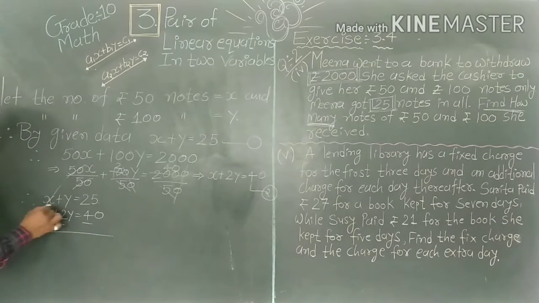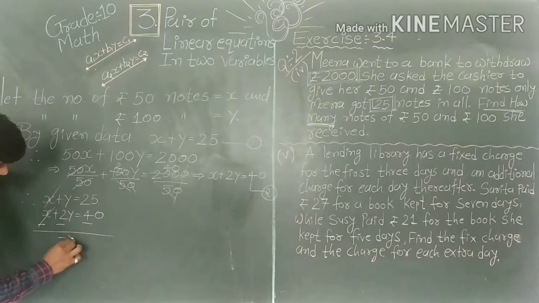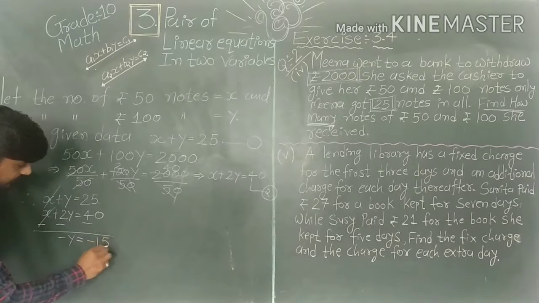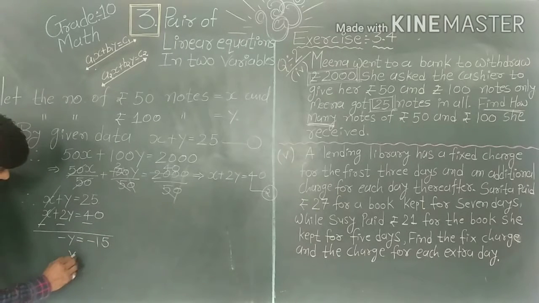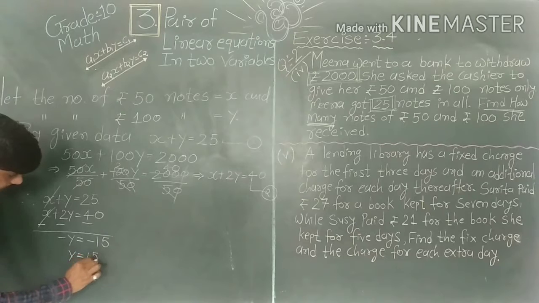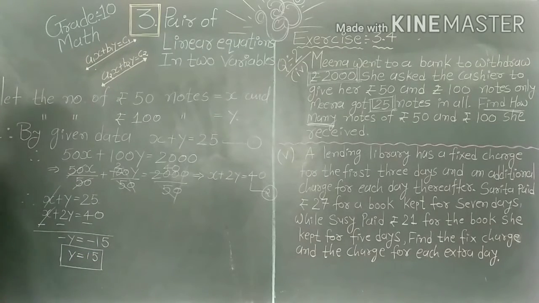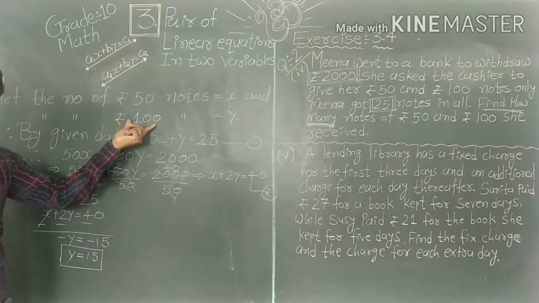We have x cancel, y minus 2y, that means minus y, and 25 minus 40 is minus 15. Cancel the minus sign, we have y is equal to 15. What is y? y is the number of notes of 100 rupees.